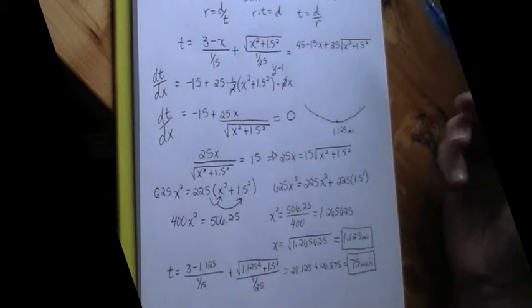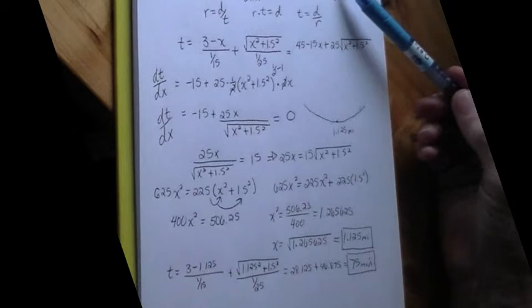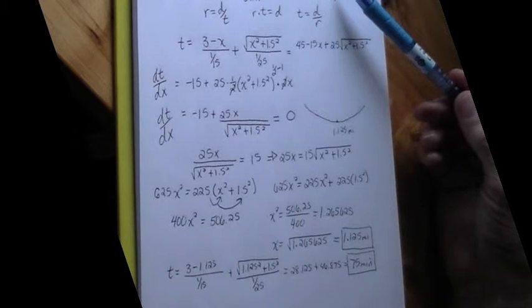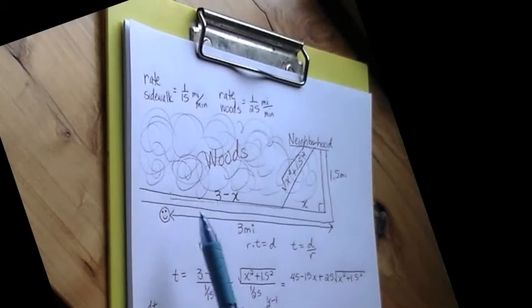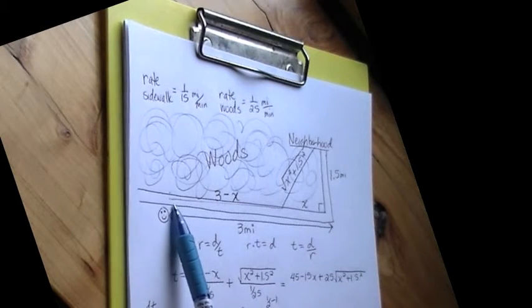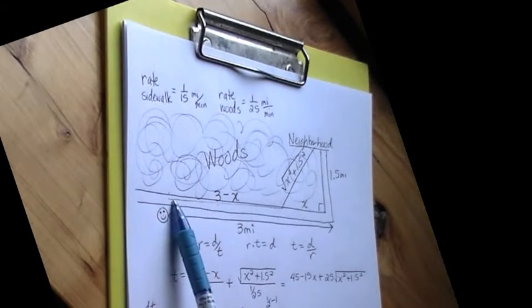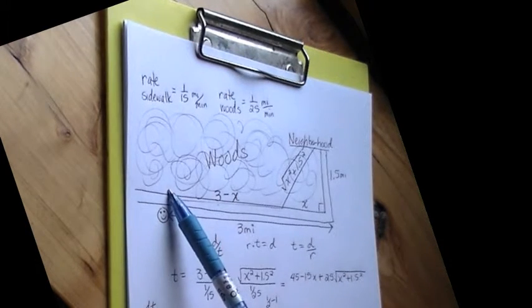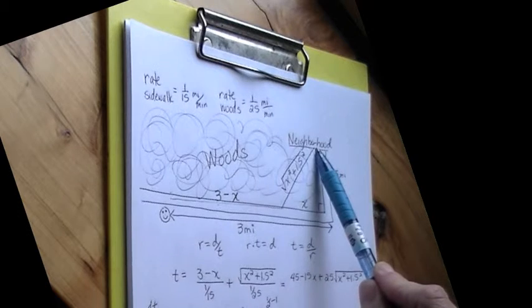But in an application, it's possible that the shortest time, in this case we were looking for the shortest time, might occur at one of the extremes. So we really should also test what the time is if I go all the way along the sidewalk, or if I actually go the shortest distance through the woods.